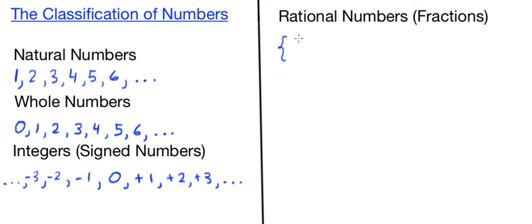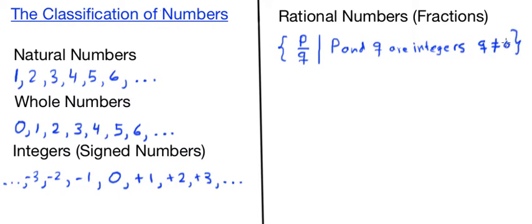Mathematically speaking, the set of rational numbers is defined as the set of all numbers p divided by q, such that p and q are integers, signed numbers, and q is not 0. Q is not 0, because remember, if q is 0, the division is undefined. So q is never 0.